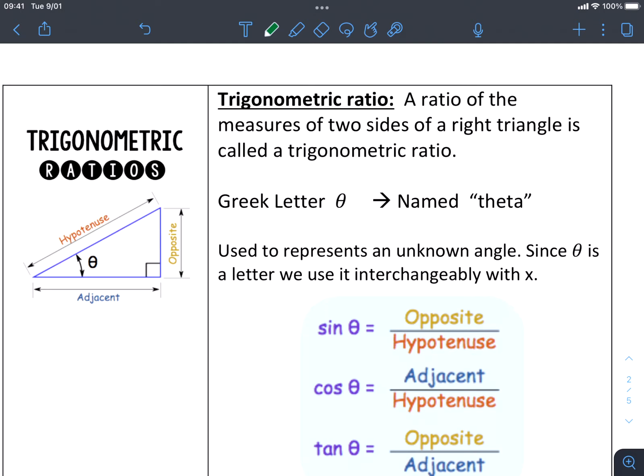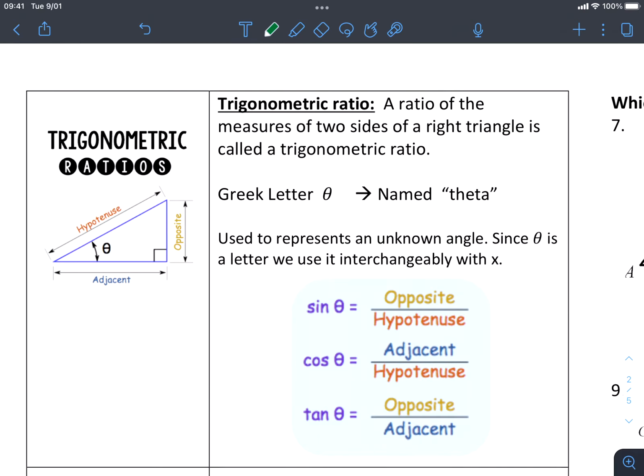Now that we've gotten some practice with those sides, what we're referring to are trig ratios. So when I have my triangle like I do in this diagram here, my theta, which looks like a zero with a line through it, represents my angle measure, my unknown angle.